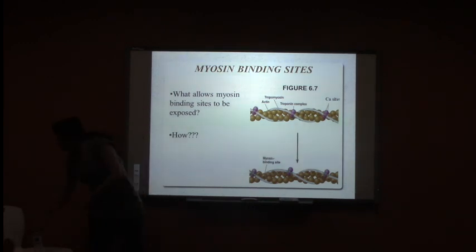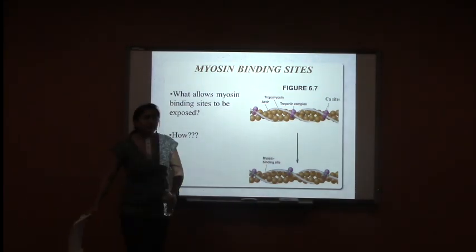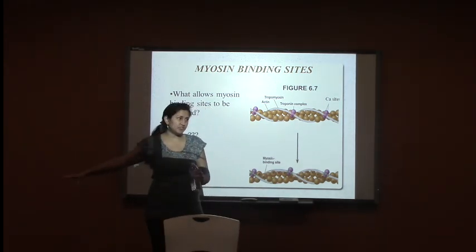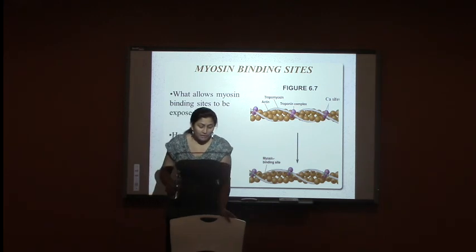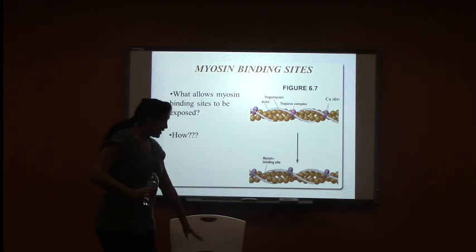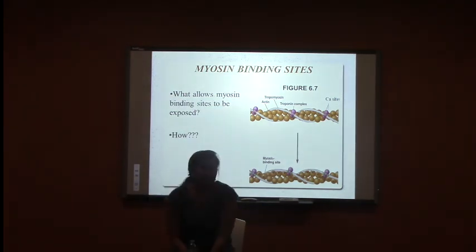Think of it this way: this chair is actin, one of the actin molecules. You have multiple chairs. Right here is the molecule, and this area is where myosin comes and binds.